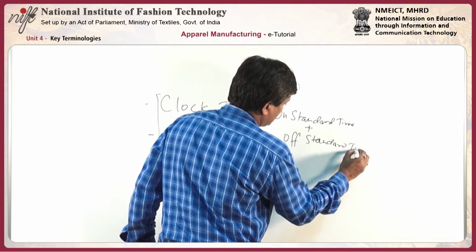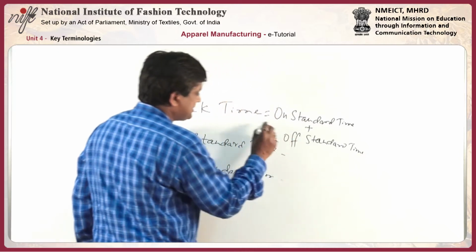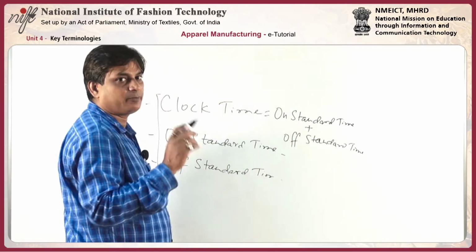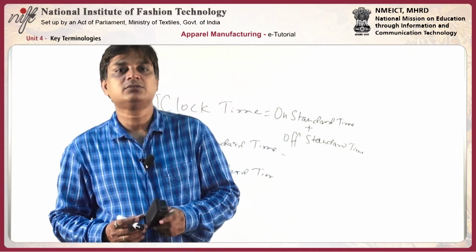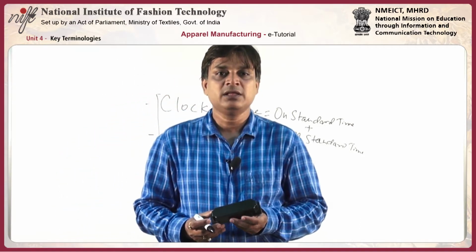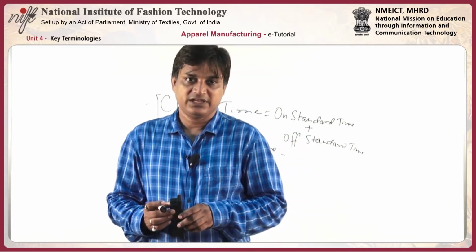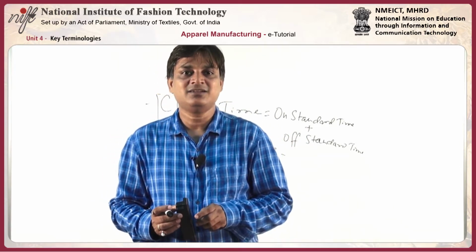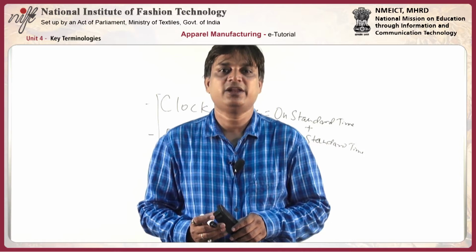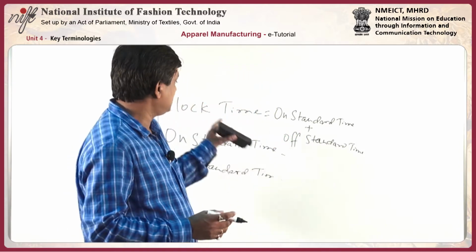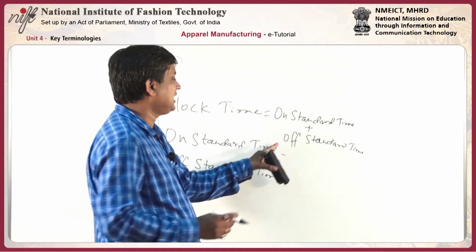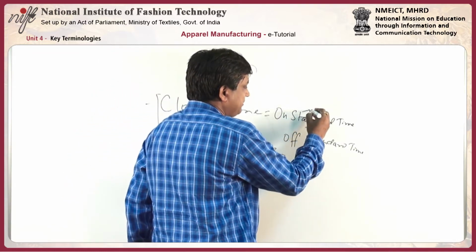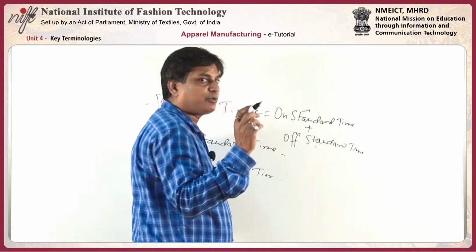Off-standard time is the time which is unproductive time, and on-standard time is the time made available to the operator for producing productive work. It can also be defined as the difference between the clock time and off-standard time. Thus we can say that clock time is equal to on-standard time plus off-standard time. On-standard time is the productive time and off-standard time is the unproductive time.